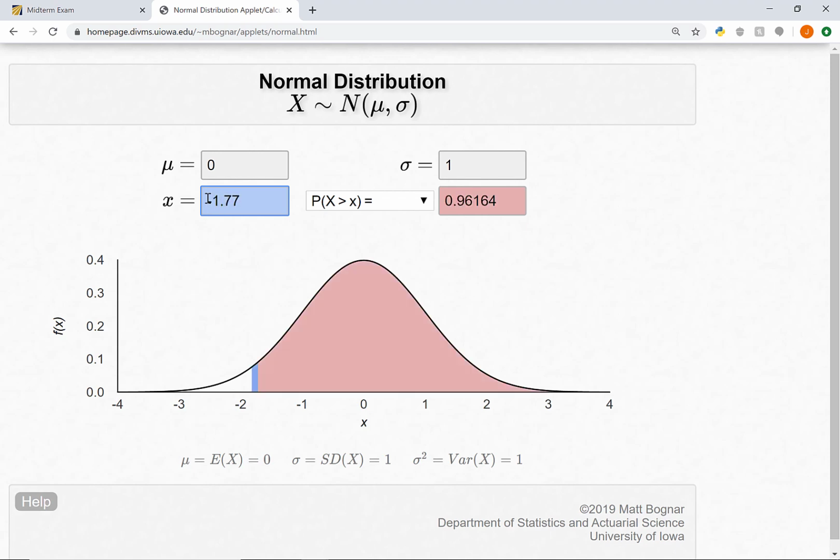But we don't want the area greater than, right? Our HA was less than, so we'll look for all the area less than. And if we do that out, we end up with a p-value of roughly 0.0384. And that is the value that we're going to use for our test.